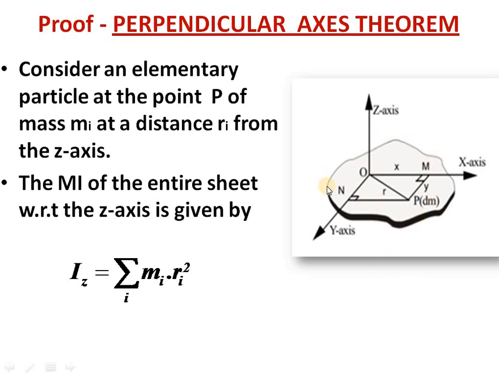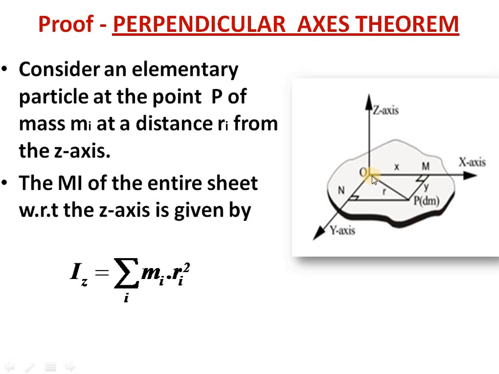If you want to calculate the total moment of inertia of the disk, you have to just sum it up. The summation of mi ri square gives you the moment of inertia of the entire lamina with respect to the z axis. That is given here as Iz is equal to summation mi ri square.